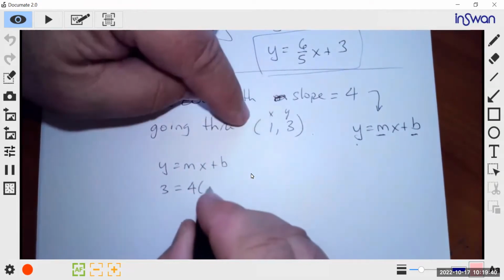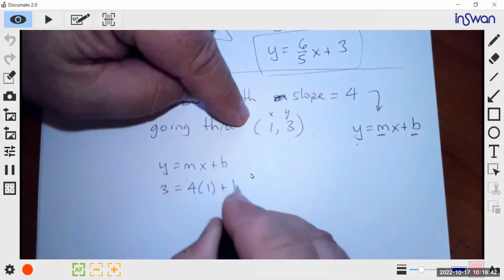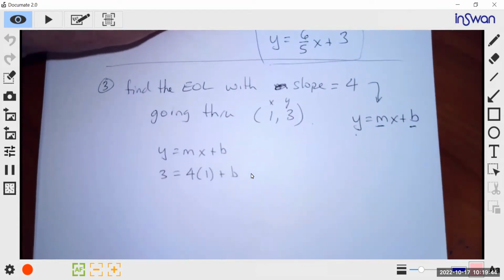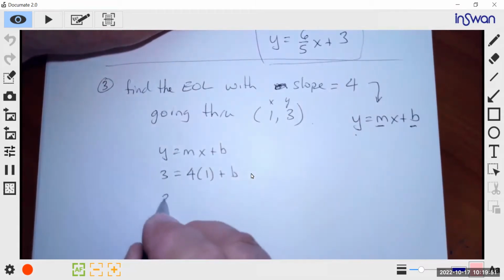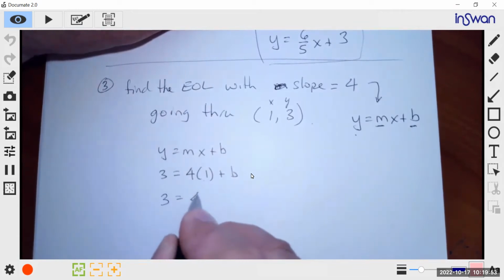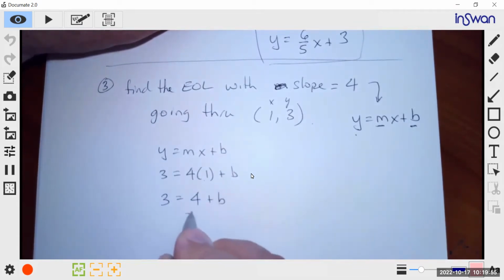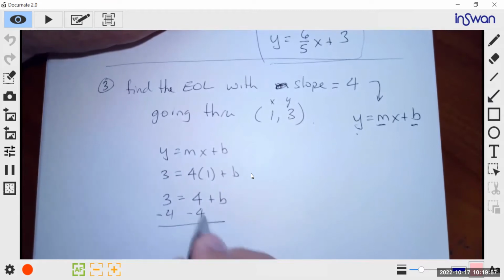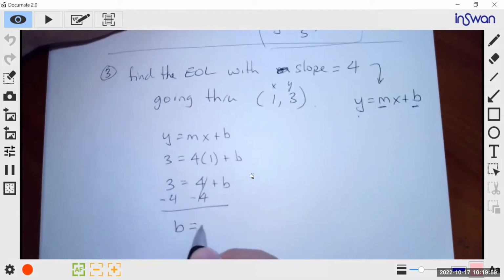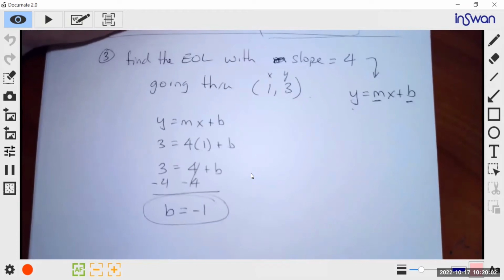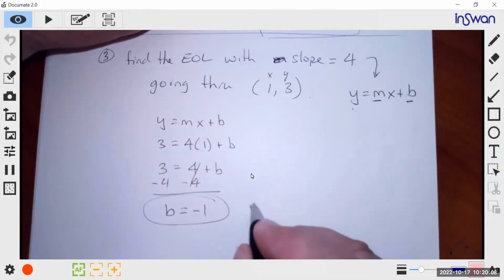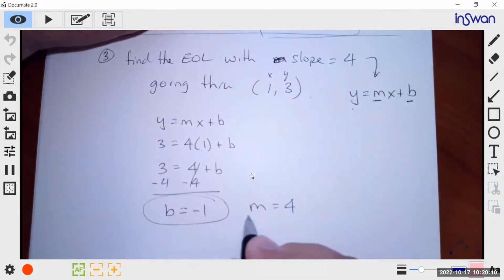m is 4, x is 1. We don't know what b is. Four times 1 is 4. Subtract 4. B is equal to -1. So we solve for b. We know what m is. M is 4.